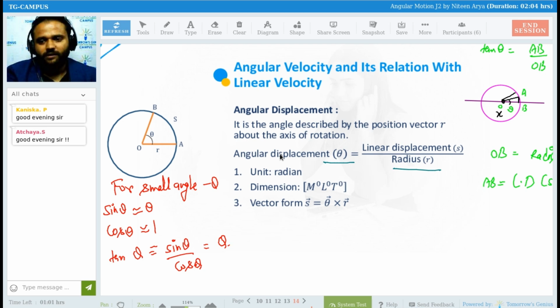So from there you can get it in triangle OAB.